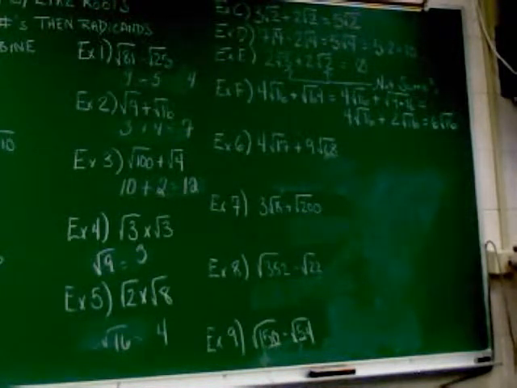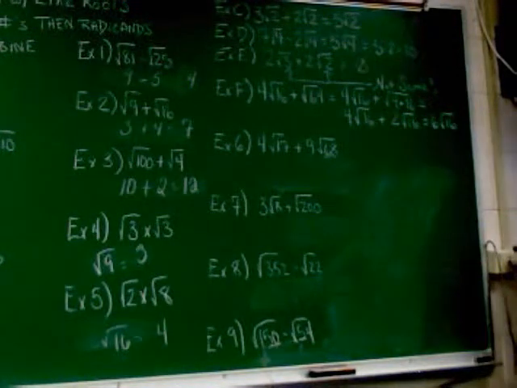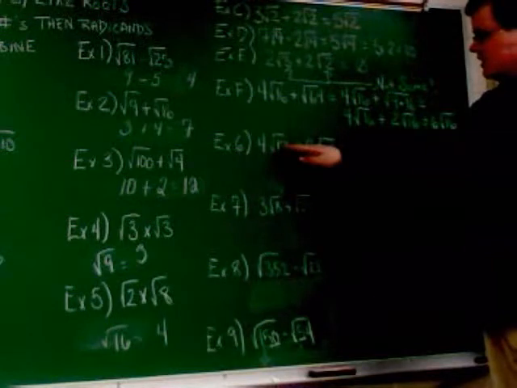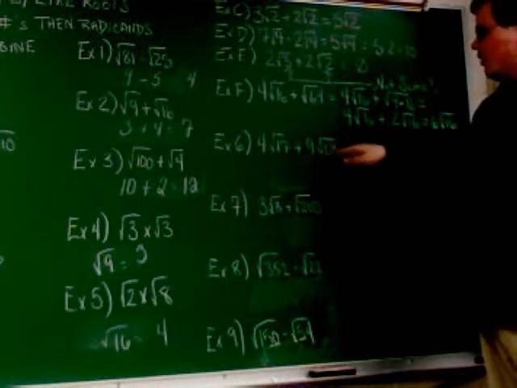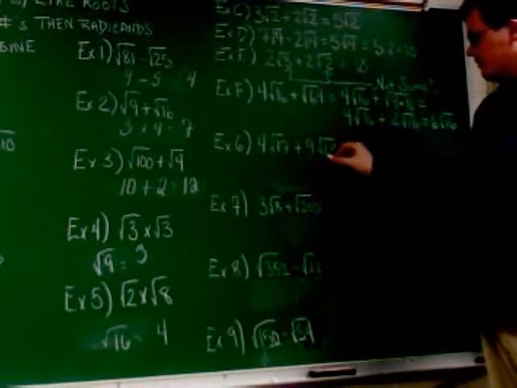Let's go to the first example there. 6. 4 root 17 plus 9 root 68. All right, so underneath my root is 17. So I'm trying to work a 17 into here.